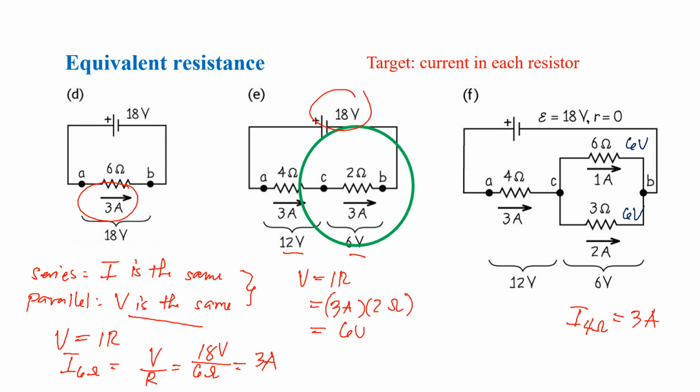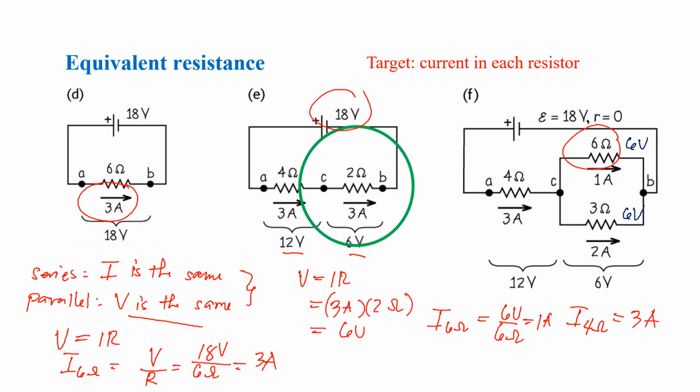Okay, so you have your voltage and you're asked for the current in each resistor. For the current in your 6 ohms, this 6 ohms here, this is equal to your voltage 6 volts divided by 6 ohms, which is equal to 1 ampere.